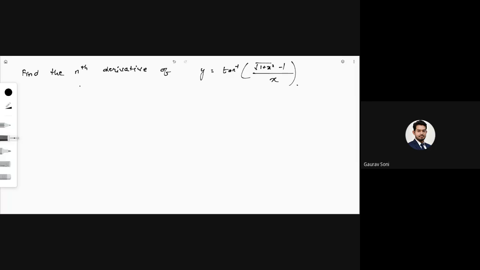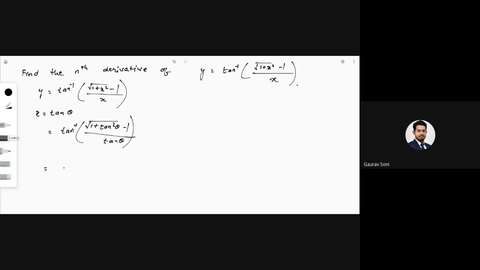Okay, so what we will do is, we have y is equal to tan inverse under root 1 plus x square minus 1. If the question was to just find out the derivative, what you would have done is, you would have simply put x is equal to tan theta. So what we have, tan inverse of under root 1 plus tan square theta minus 1 divided by tan theta.